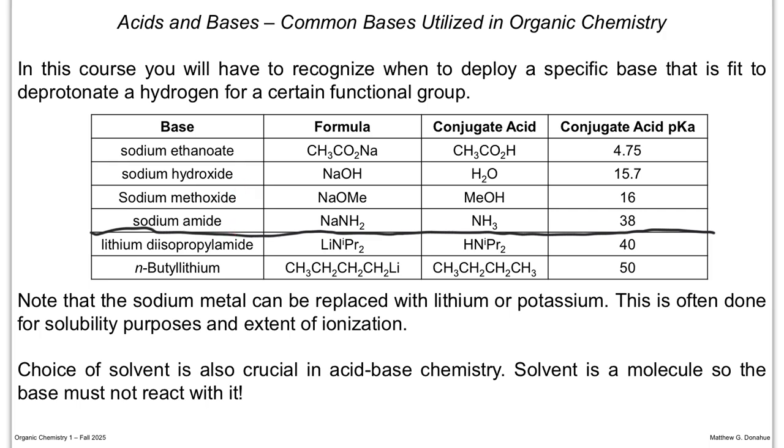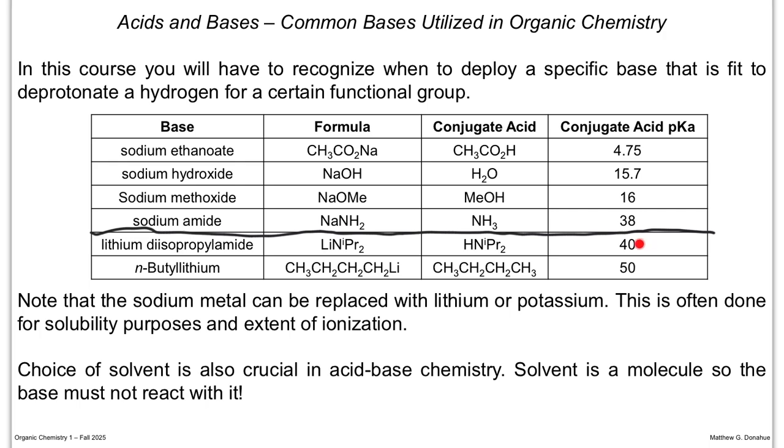Sodium amide is derived from ammonia, so this starting value is a weak acid. So sodium amide is a strong base. And the reason I drew that line is because when you look at the base and the acid, it's not only the solvent but the acid or the base.